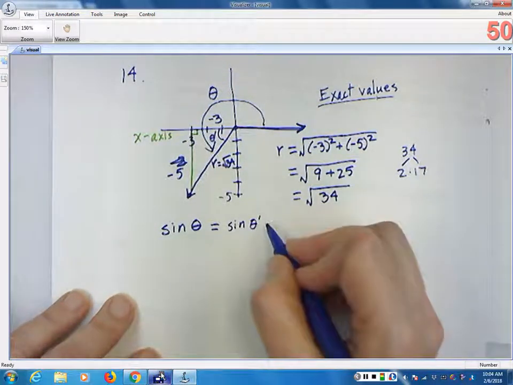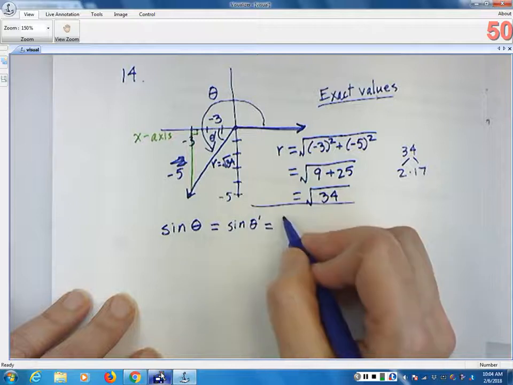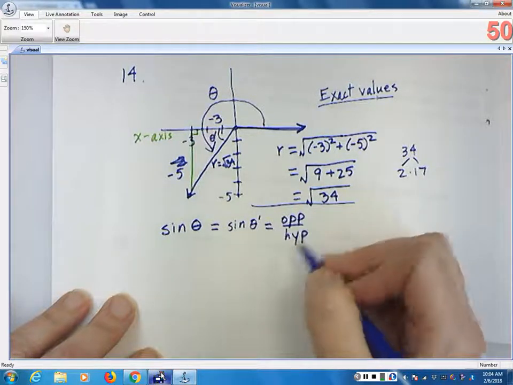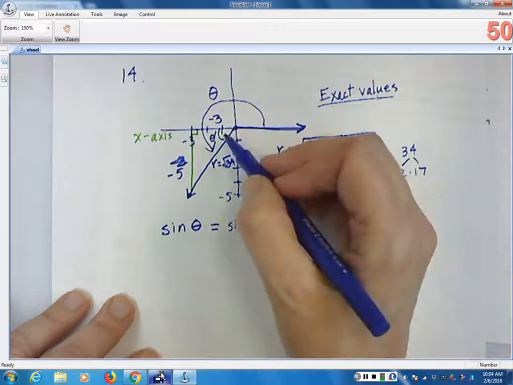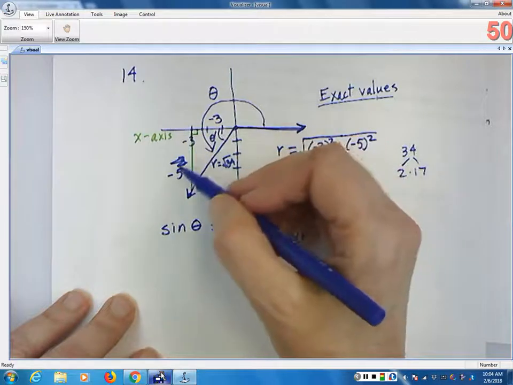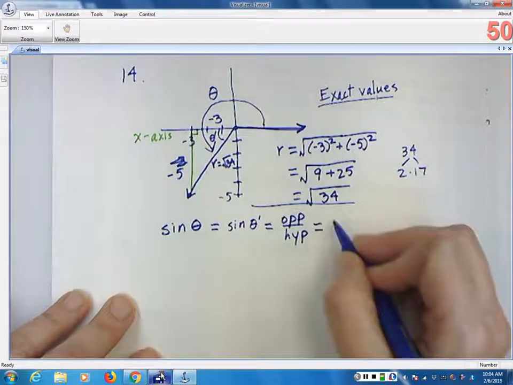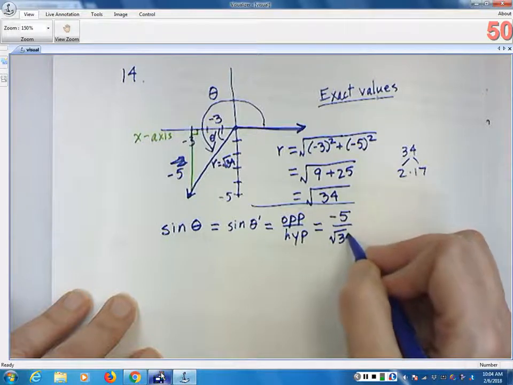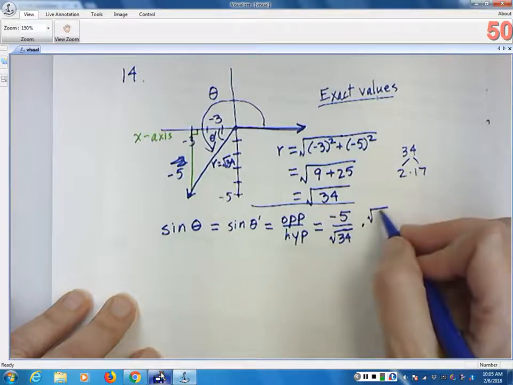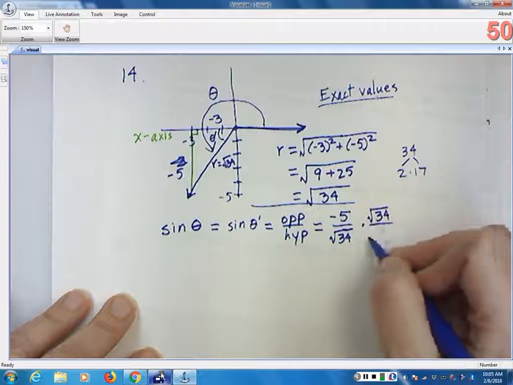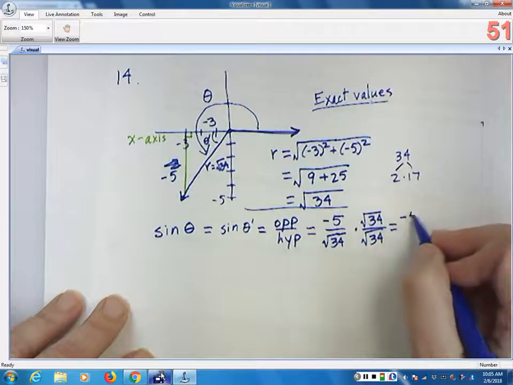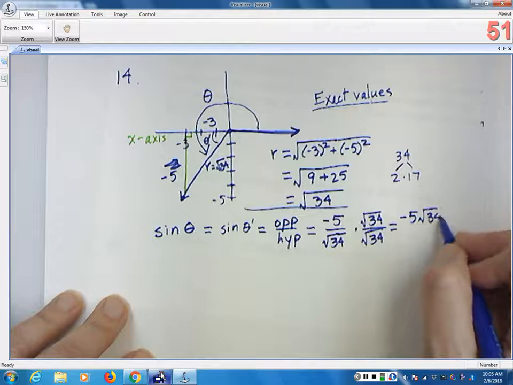Sine is opposite over hypotenuse. Opposite is -5 over the square root of 34. Then we have to rationalize that denominator. Square root of 34 over square root of 34 is -5 square root of 34 over 34.